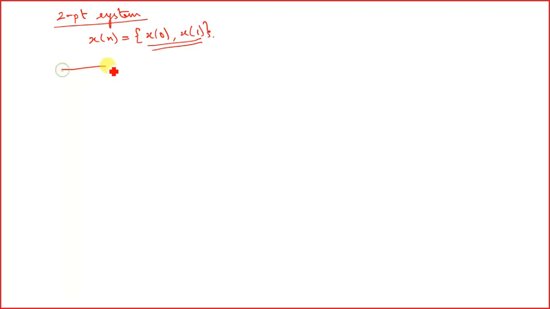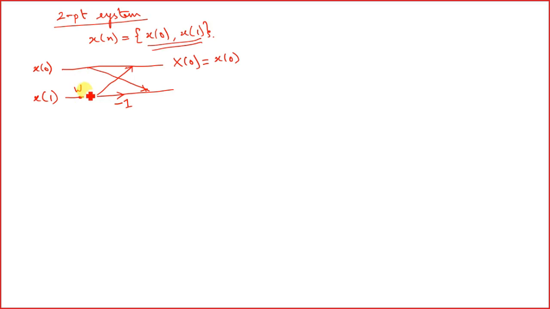So we will be having x0 and we will be having x1. So your capital X of 0 will become x0.